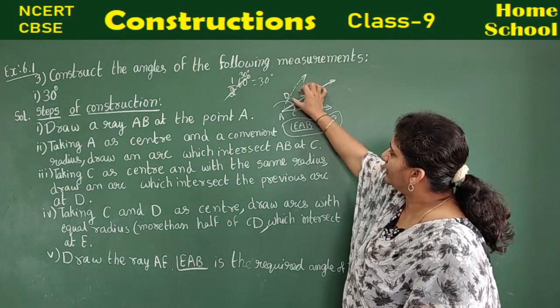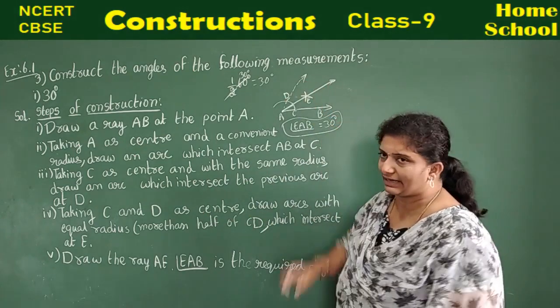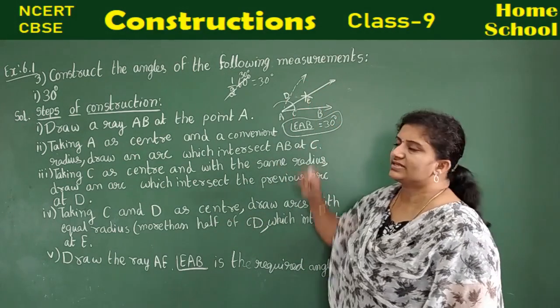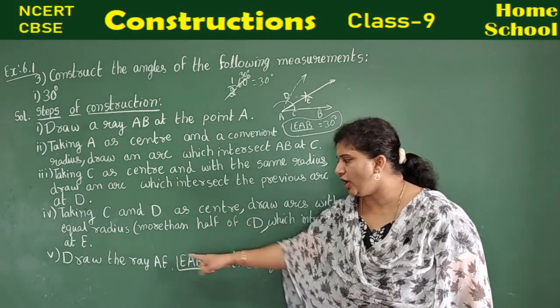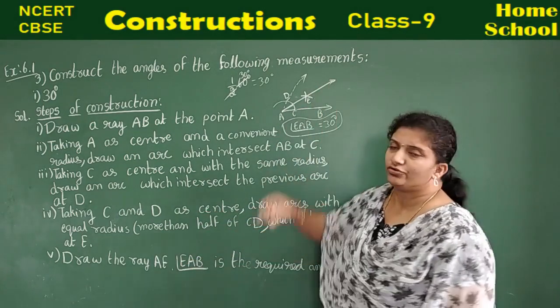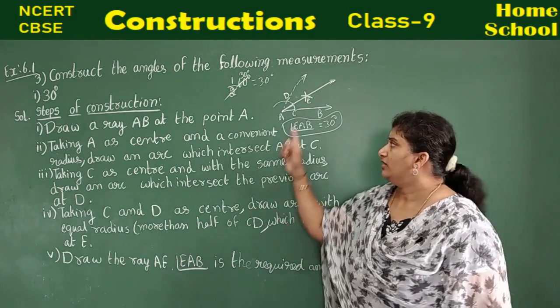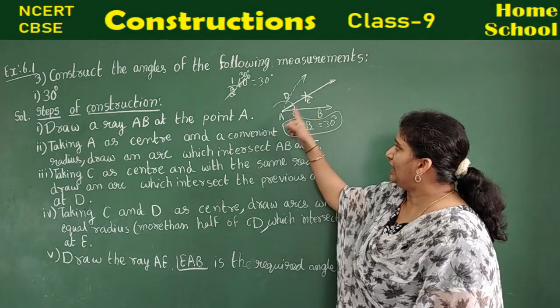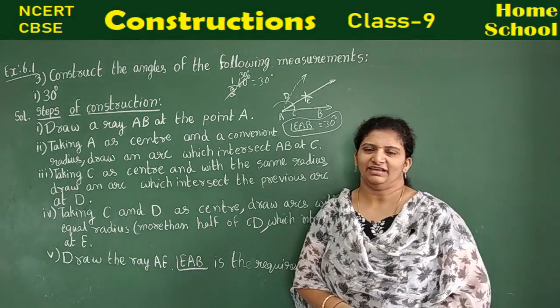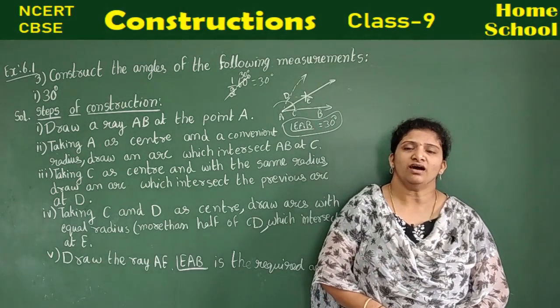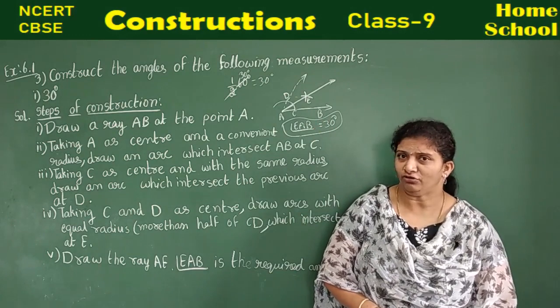And draw an arc here with D as a center, cutting that arc. Then you are going to get an intersecting point, mark it E. Next one, join to form a ray. Angle EAB is the required angle of 30 degree. Yes or no? This is the required angle which we need to create.